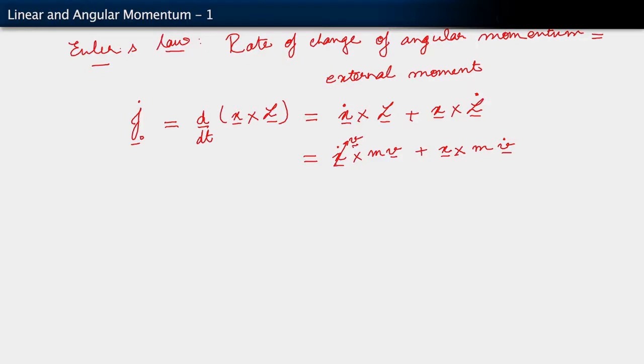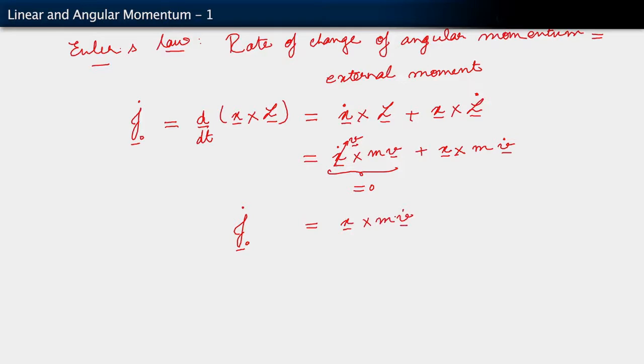And any vector crossed with itself gives us 0, right? So this term equals 0, and what we're left with then is that J naught dot is x cross mv dot, okay?